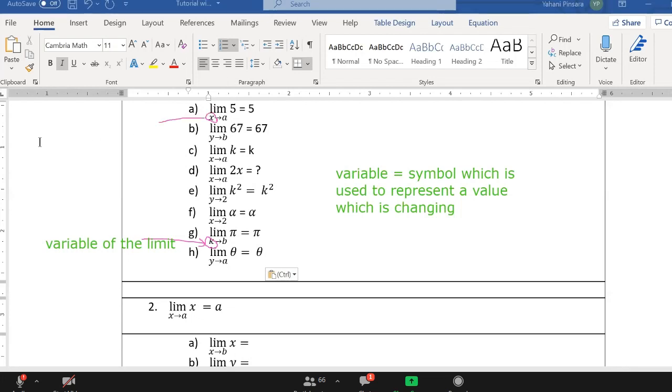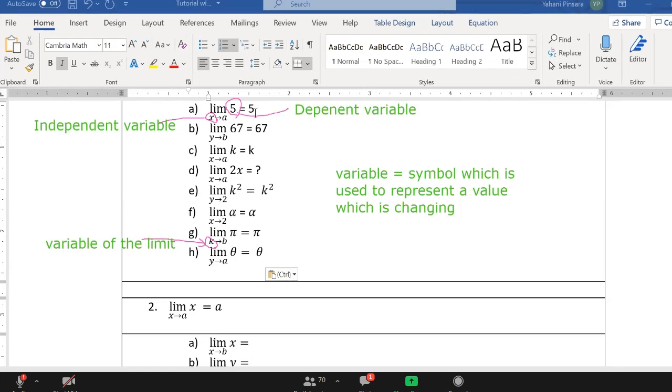And this is the dependent variable. So this is the independent variable and this is the dependent variable.